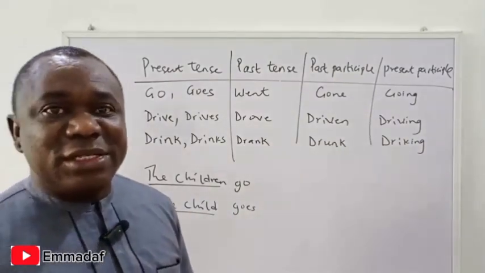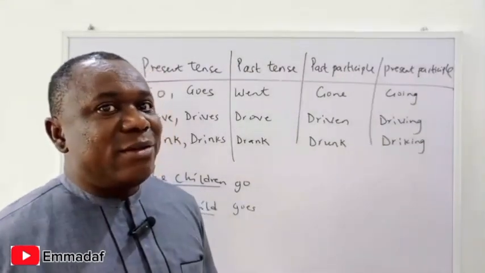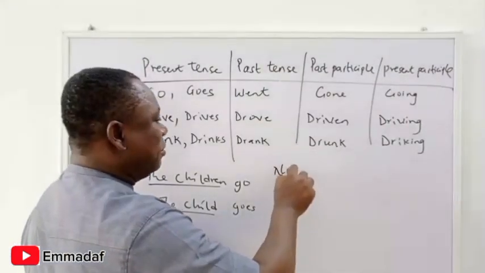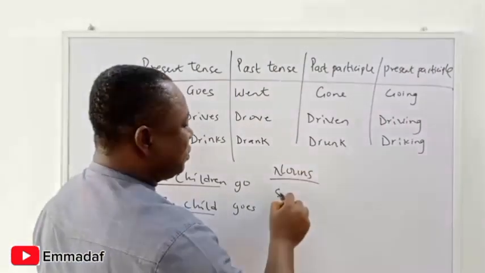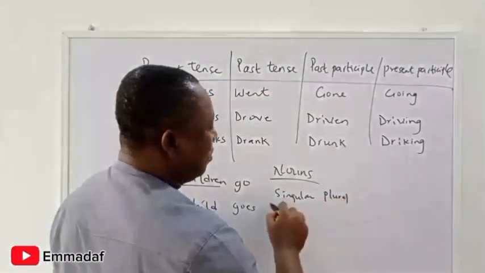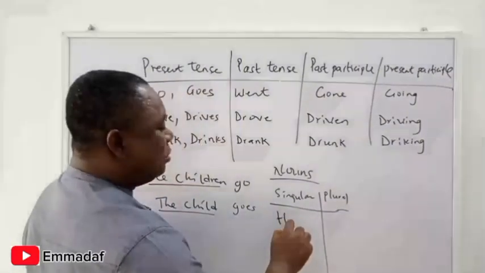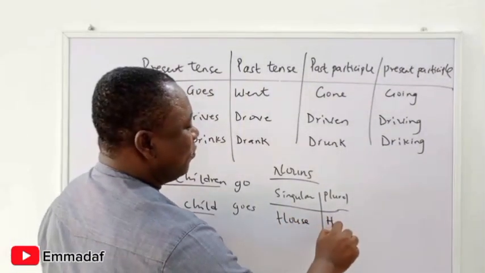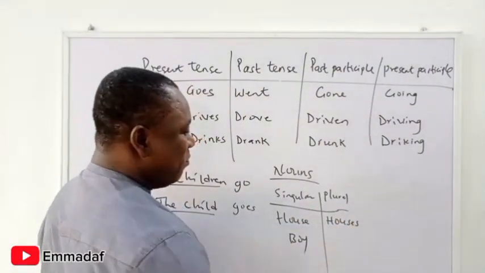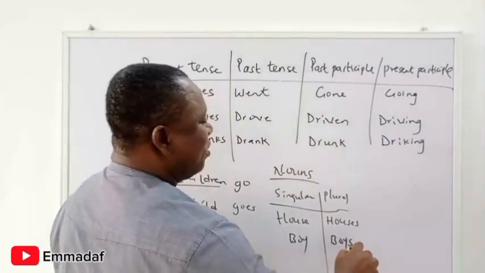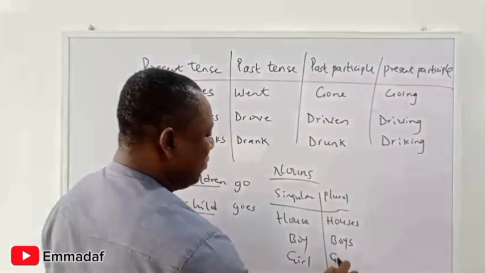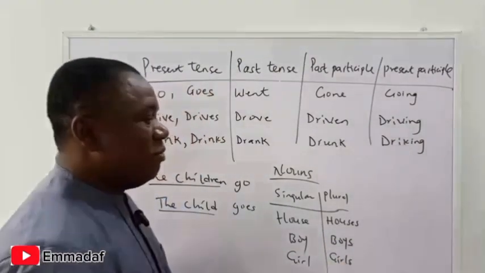Yes, most students are aware that nouns have singular and plural forms. For example, nouns, you have singular and plural. So you have house, houses, boy, boys, girl, girls.